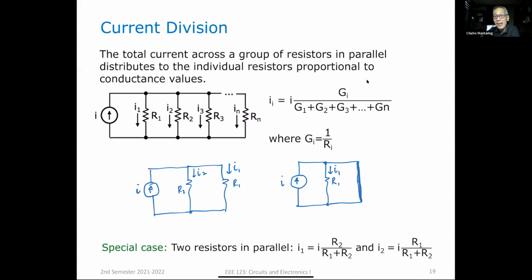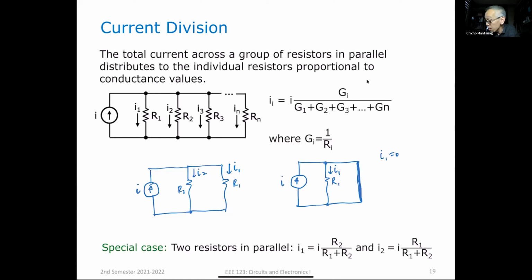Anyone? 0, sir. Right. Why 0? Correct. Was that just a guess or intuition? But you're correct. It's 0. I1 will be equal to 0.